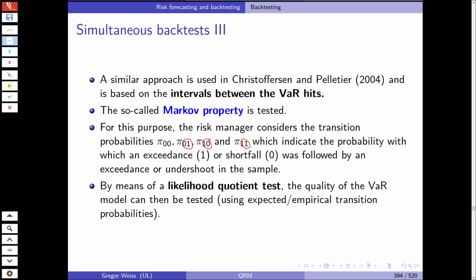And then you are looking for these 4 probabilities, you compile a matrix, and then you also perform a likelihood quotient test similar to the Berkowitz, Christoffersen, Pelletier test, to check the quality of the VaR model. And you can then test it using the expected and the empirical transition probabilities.